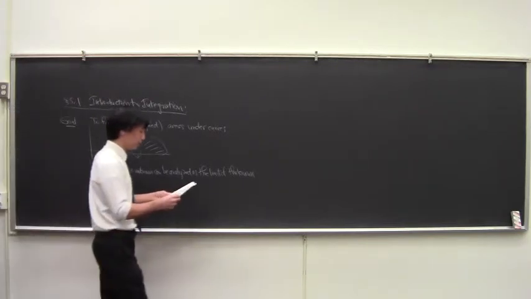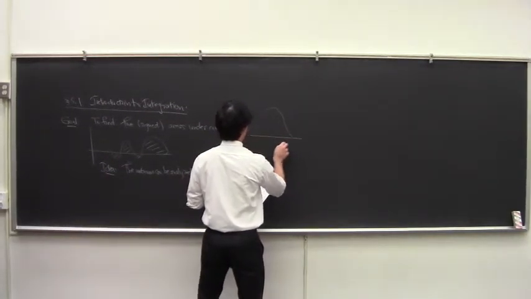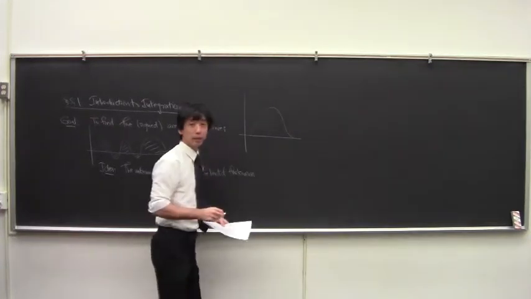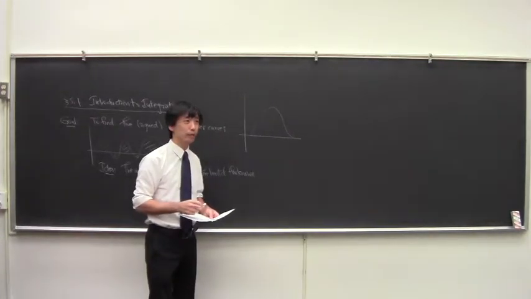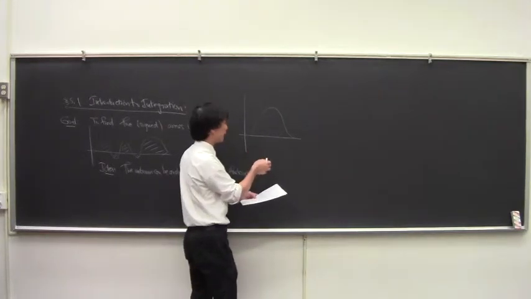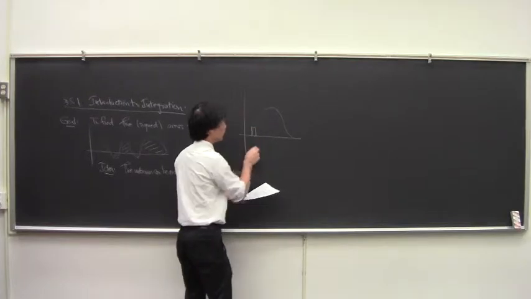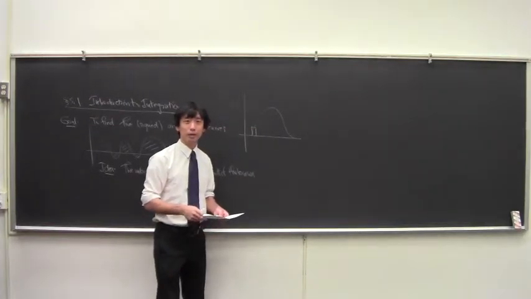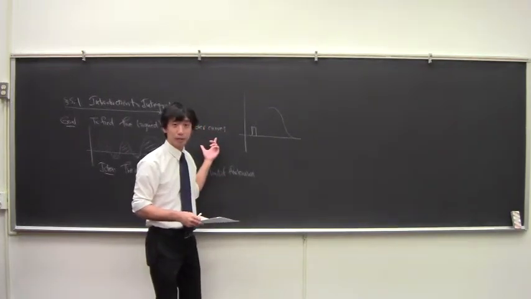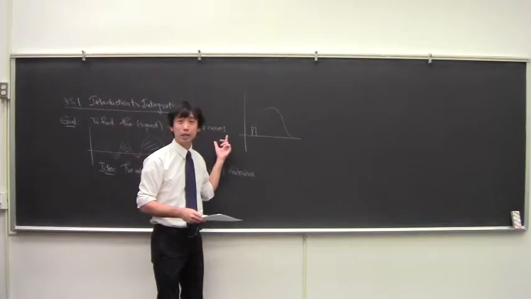Here, the idea will be this, that somebody gives you something and says, what's the area under that curve? The idea will be to say, I don't know, but I do know the area of a rectangle. Just like you could say, I don't know the instantaneous velocity, but I do know the average velocity over a time interval.